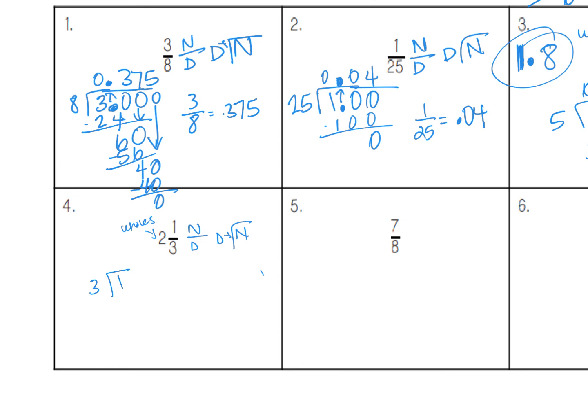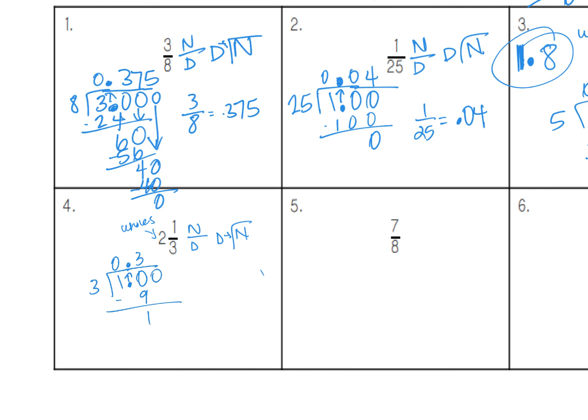And I know that 3 cannot go into 1, so I'm going to bring a 0, add a decimal, bring it up, and add another 0. And 3 can go into 10 3 times. 3 times 3 is 9. And so I'm going to subtract. 10 minus 9 is 1.